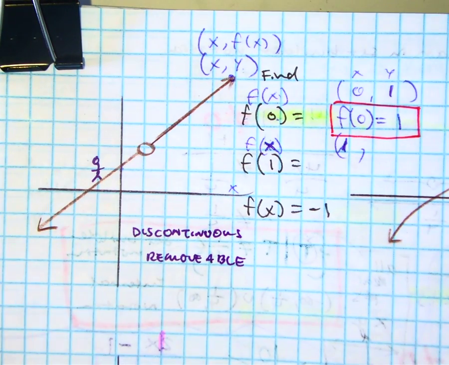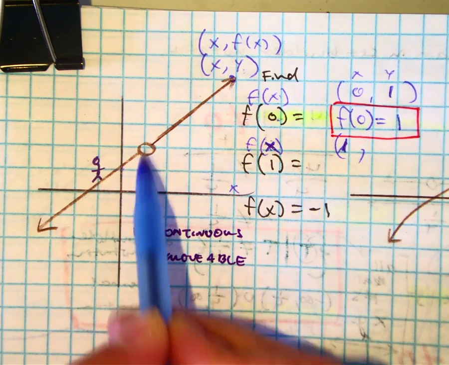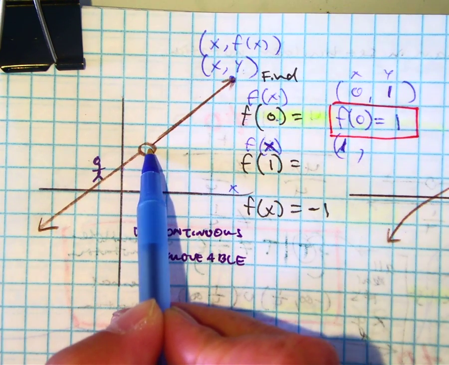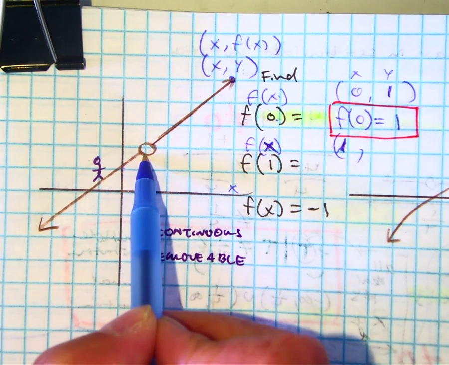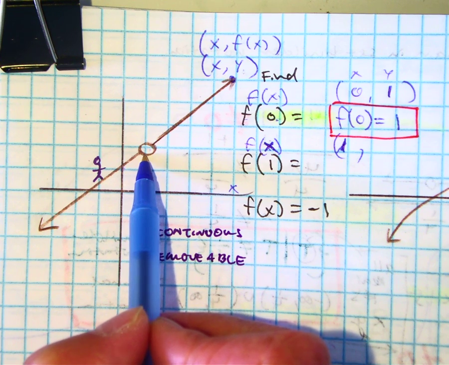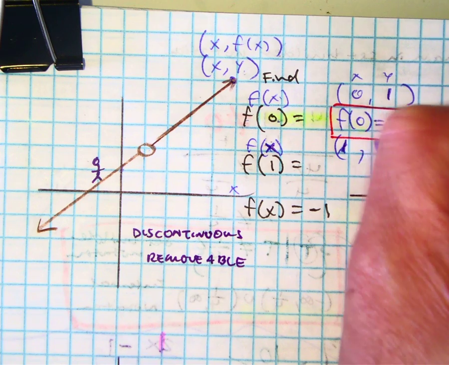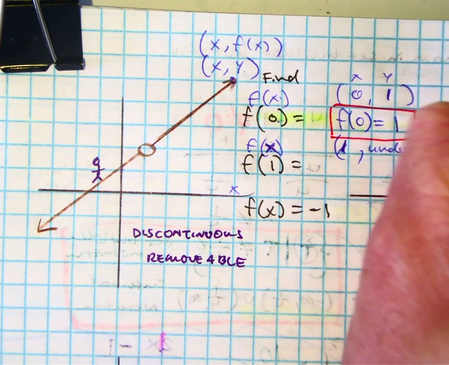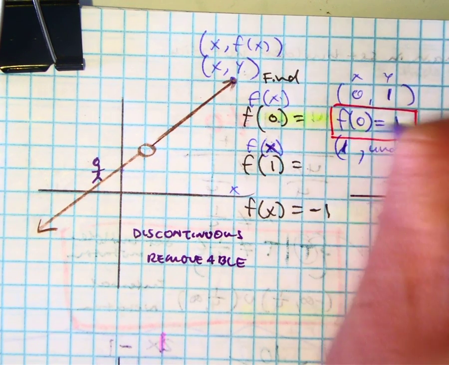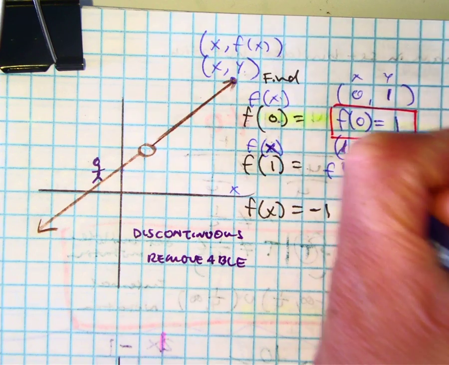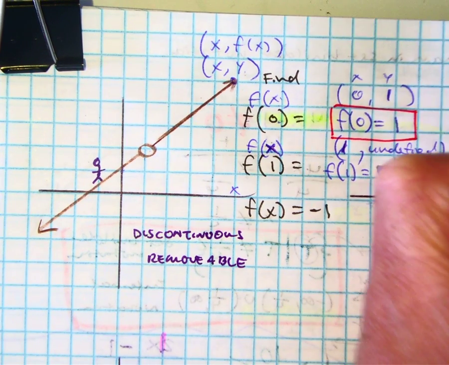What's the ordered pair there? Now you want to say 2, yes? Yeah. But there's an open circle. If it's an open circle, we write undefined. So my function notation is that f of 1 is undefined.